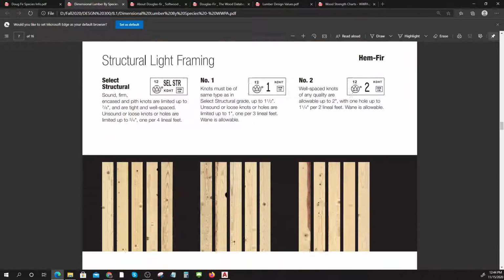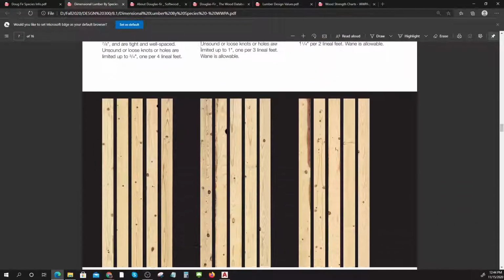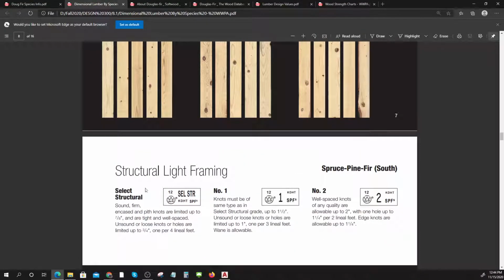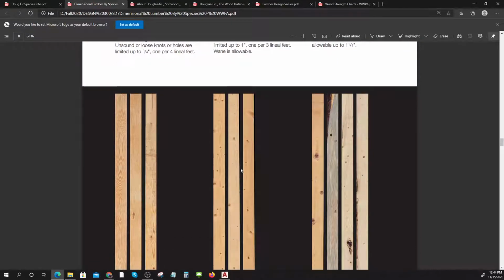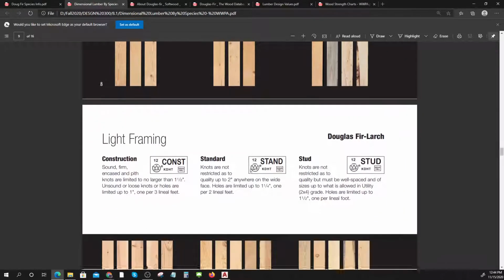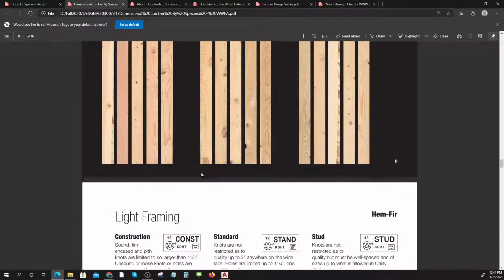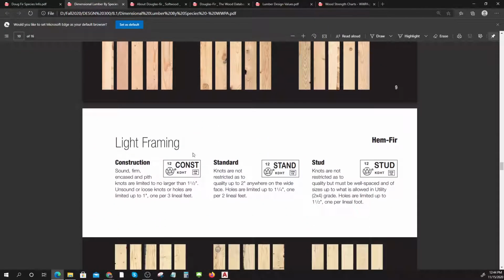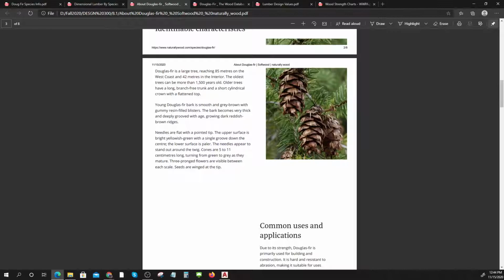Structural select 1 and 2 for hem fir. Select 1 and 2 for spruce pine fir, and what they look like. So this is really a cool one that gives you a little bit of information about it.